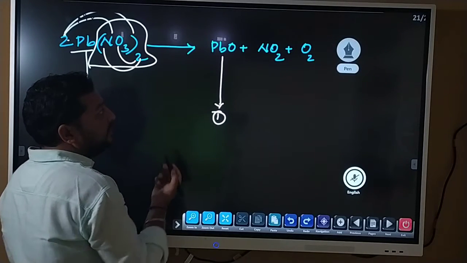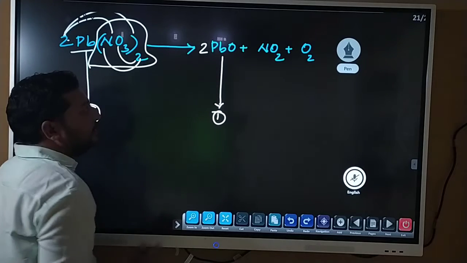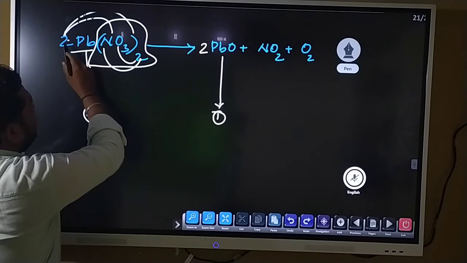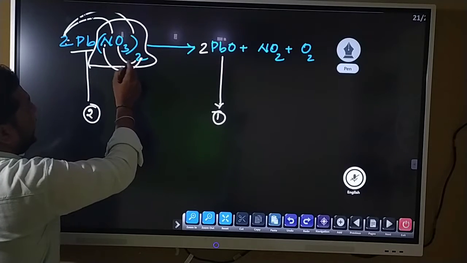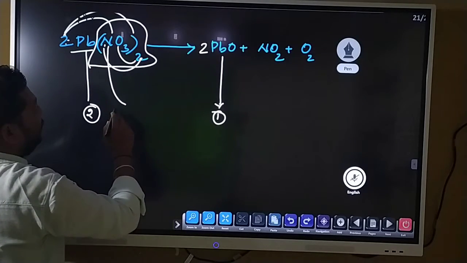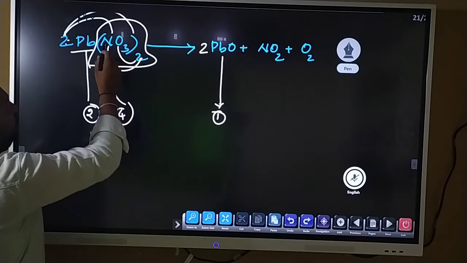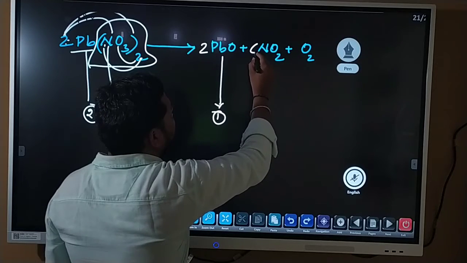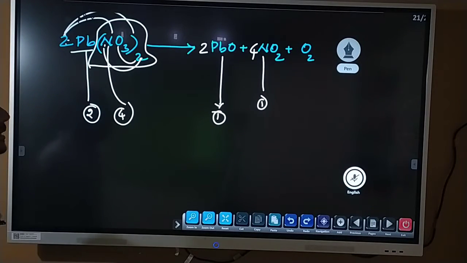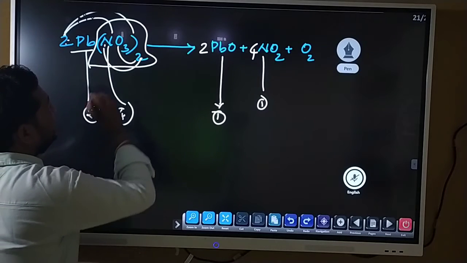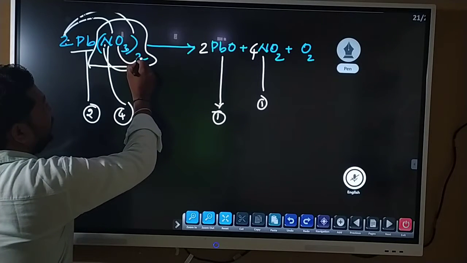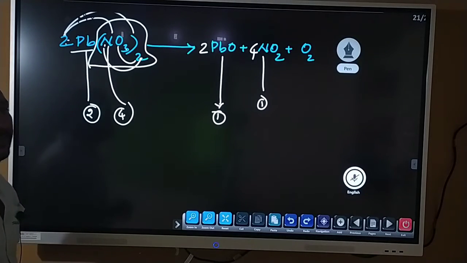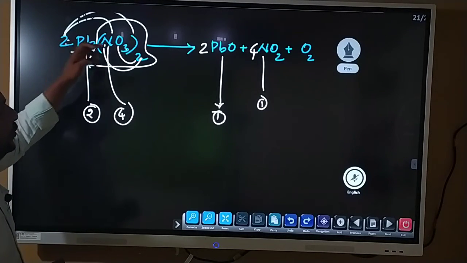We have to balance. How? Simple. We have to write 2 here. Next, N is already 2 in number, nitrogen again 2. That means here 4. 2 into 2, 4. Here we have only 1. Convert it into 4. Clear? Clear. Next, oxygen is already 3. 3 into 2, 6. 6 into 2, 12.